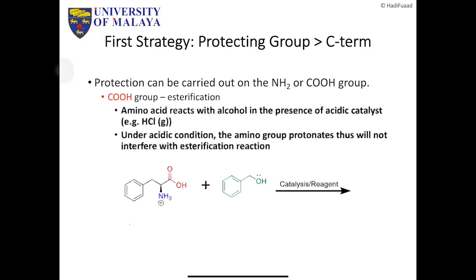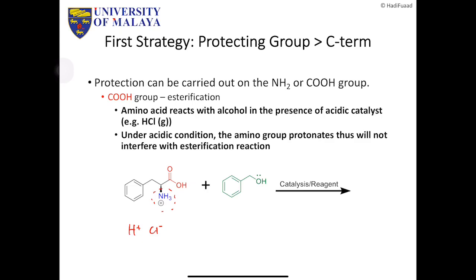Hydrochloric acid will form hydrogen and chloride ions. Because hydrochloric acid has a very low pH, it will definitely protonate the primary amine, while leaving the carboxylic acid functional group intact.